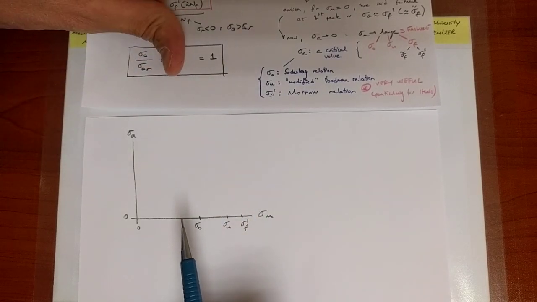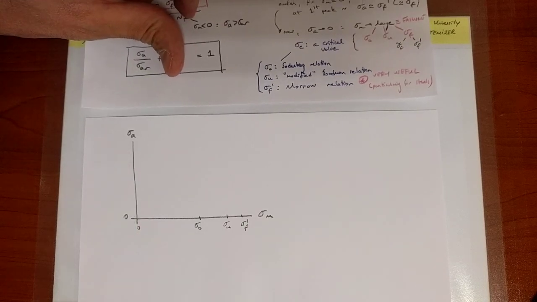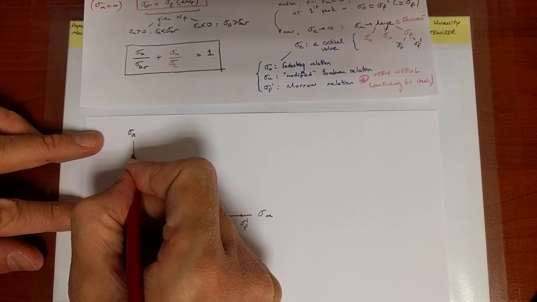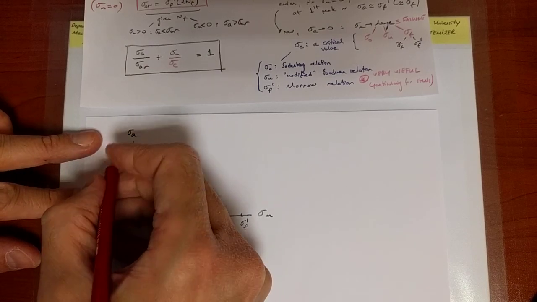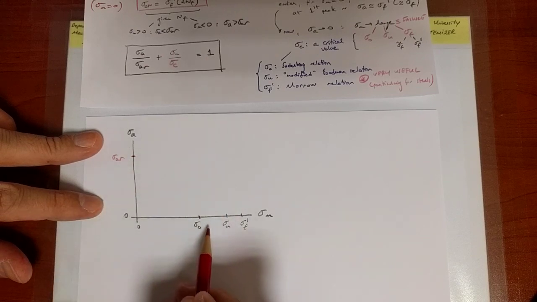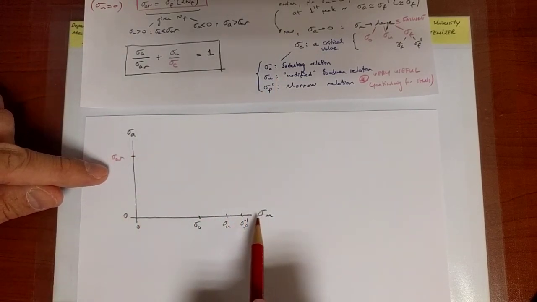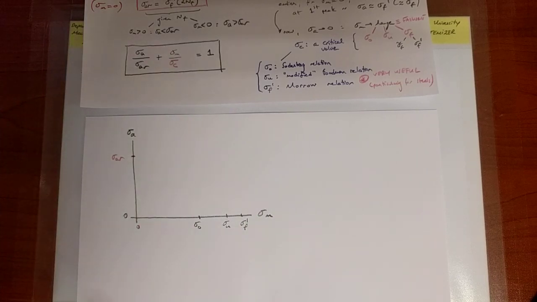On the other hand, the intercept along the y-axis is for all of them sigma AR, because that's when failure occurs with 0 mean stress. So this point is sigma AR for all of them, but the individual relations, each one being a line, differs with the choice of the intercept along the x-axis.